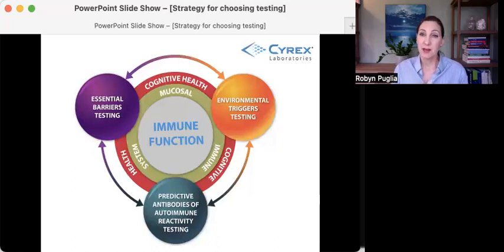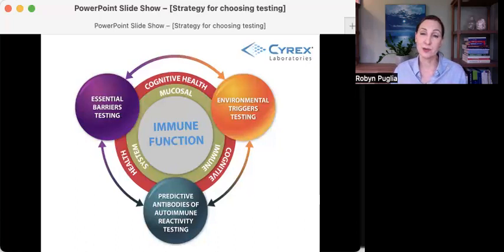Then we have multiple panels that cover all of our bases here. So we've got a cognitive health assessment, which looks at the essential barriers and predictive antibodies and the environmental triggers. And then we also have a mucosal immune system panel, which also looks at essential barriers, autoantibodies, and environmental triggers.